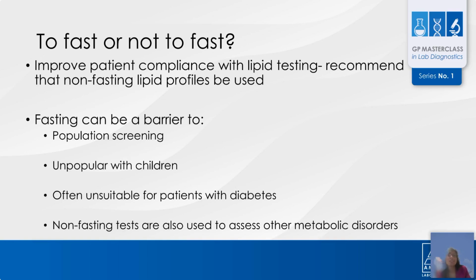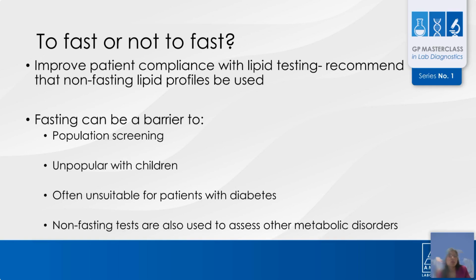I have a 5-year-old, and I am not going to be able to get my 5-year-old to fast. It's very unpopular with children. It's also hard to do population screening when you need fasting, and it's often unsuitable for some patients, like patients with diabetes and patients who can't fast for long periods of time.